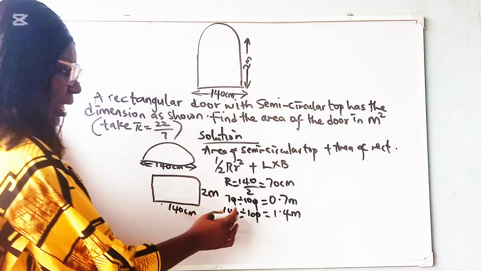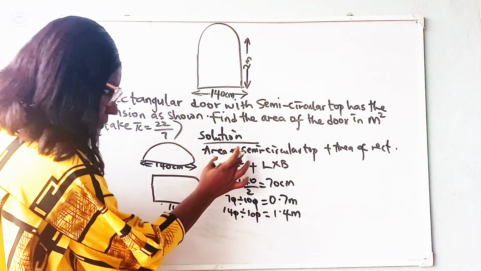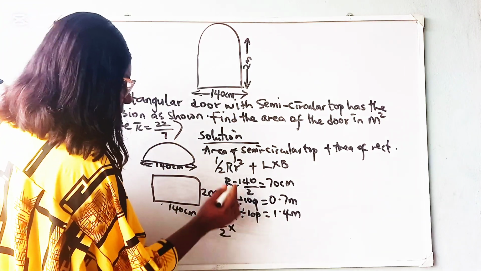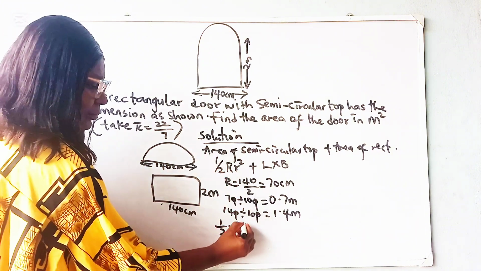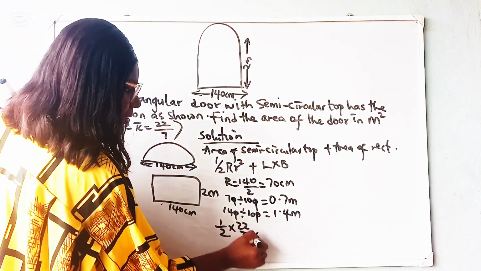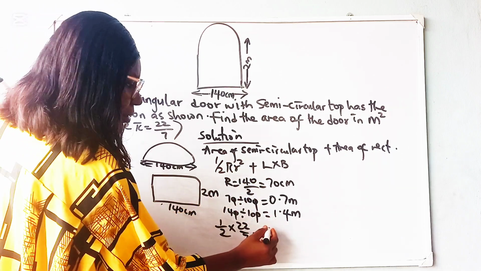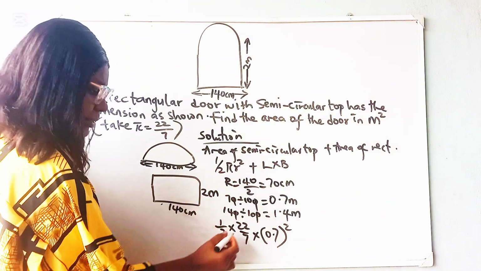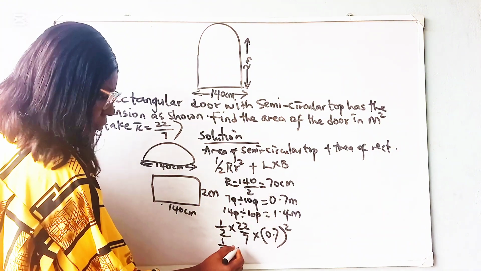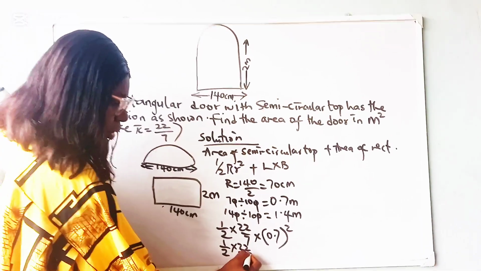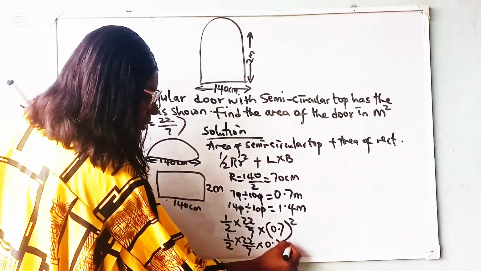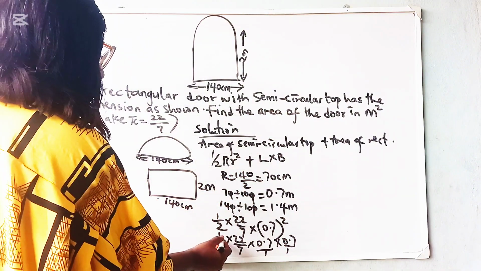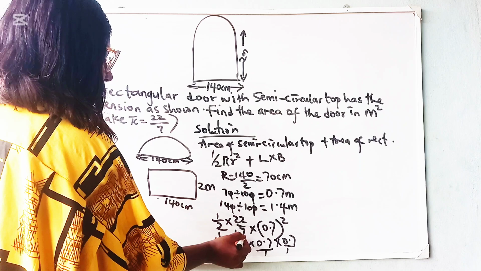So with this, we now solve for the semicircular top. We have 1 over 2 times pi, which is 22 over 7, times the radius raised to power 2, which is 0.7 raised to power 2. So we have 1 over 2 times 22 over 7 times 0.7 times 0.7, all over 1. 2 divides 2 once, and 2 divides 22 eleven times.